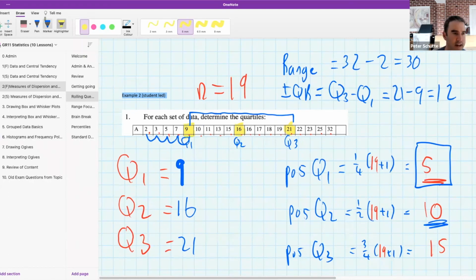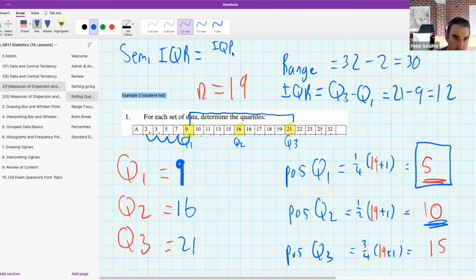Now, I want to ask you guys to do something new. I want you to calculate what's called the semi-interquartile range. All you need to do is take the IQR and divide it by 2.